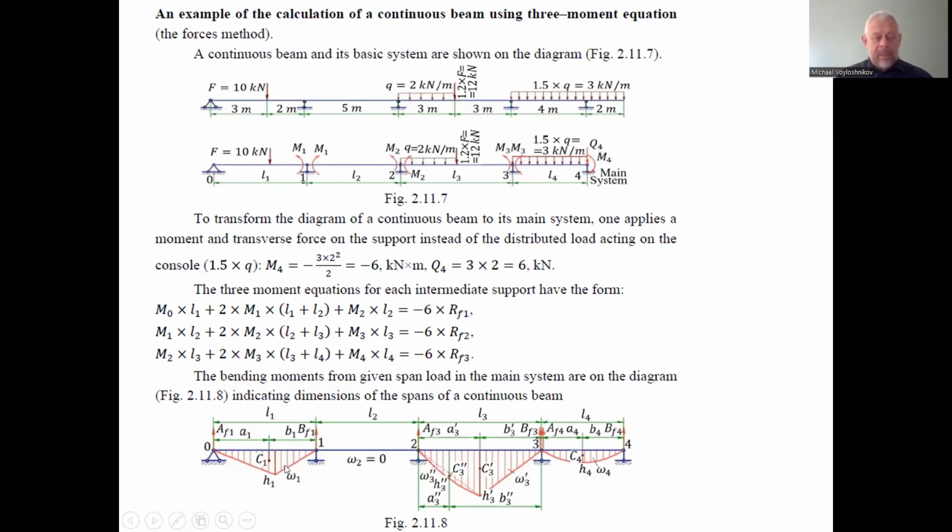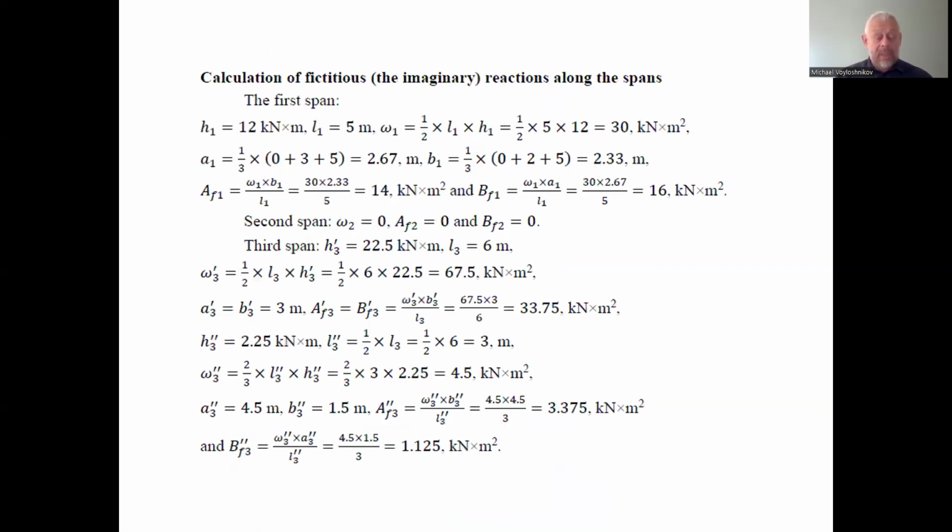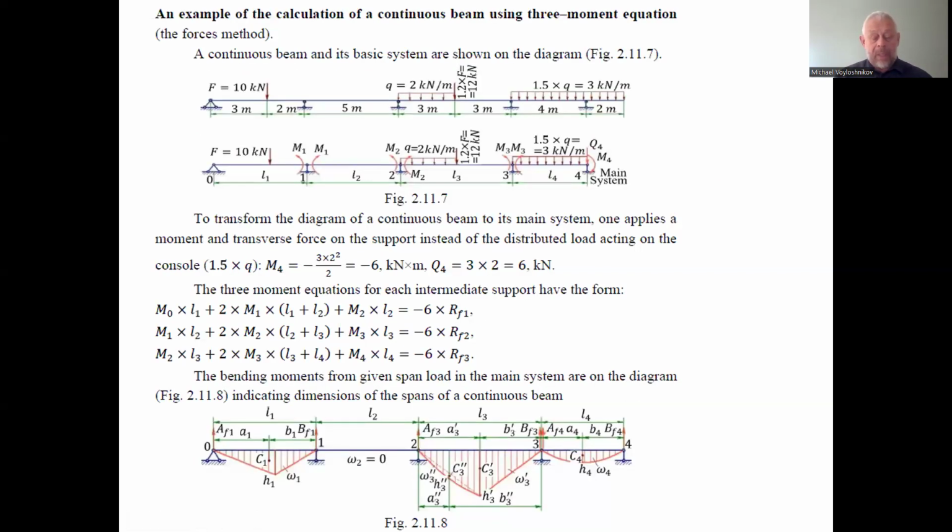And on span 1, to the left from the supporting link 1 and hinge 1, we have a bending moment diagram of triangle shape. And we can find the magnitudes of the diagram as well. But first of all, I would like to explain how it looks on the main system.